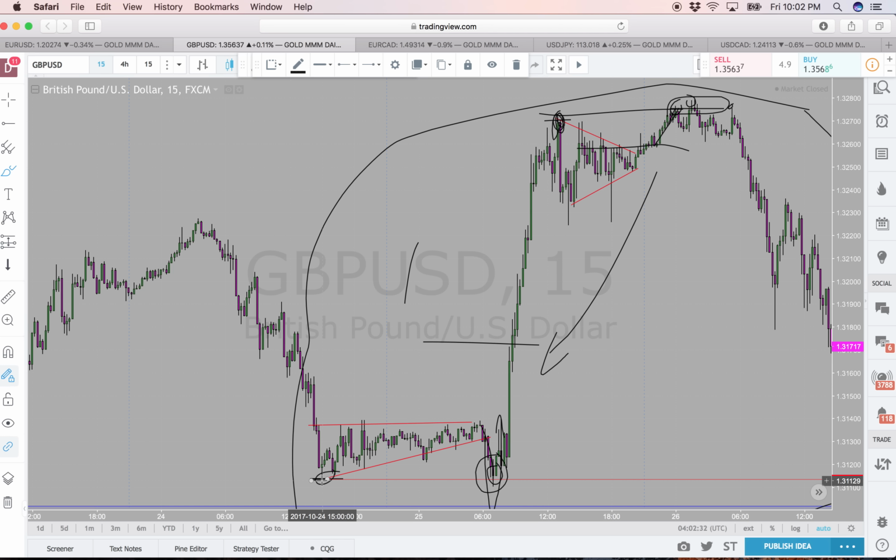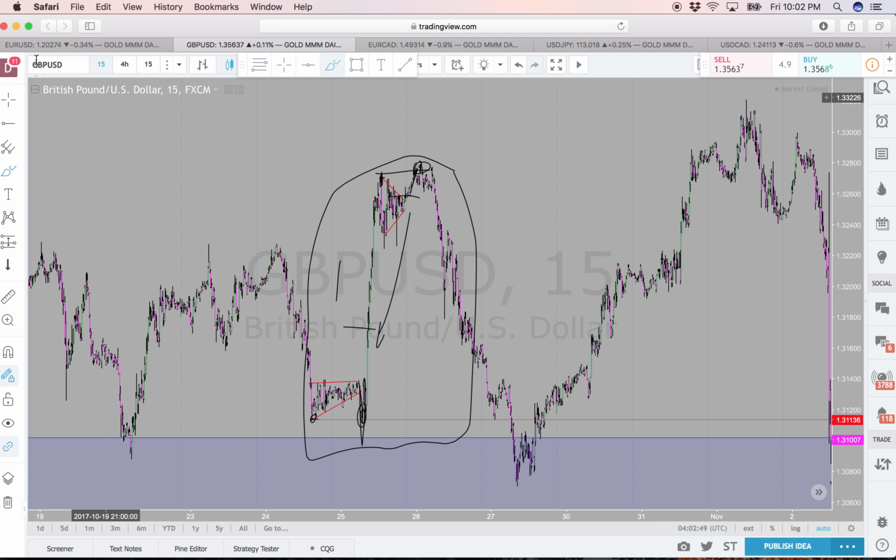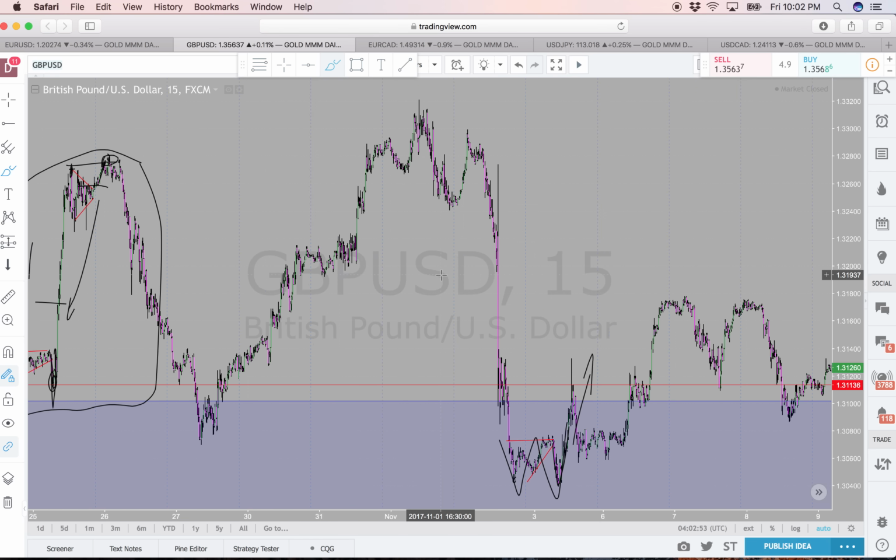And I'll wake up with, more often than not, a lot of profit if it does play out as our signature trade. So here we can see, back to back, it plays out quite a lot. And this is just one pair, GBP US dollar. We can find it on lots of different pairs.